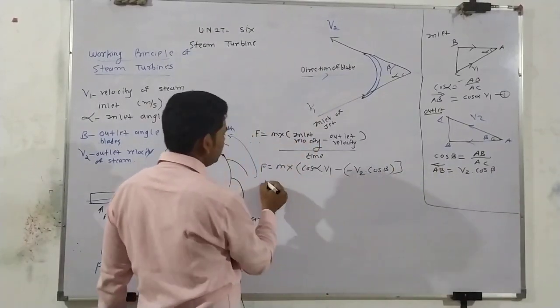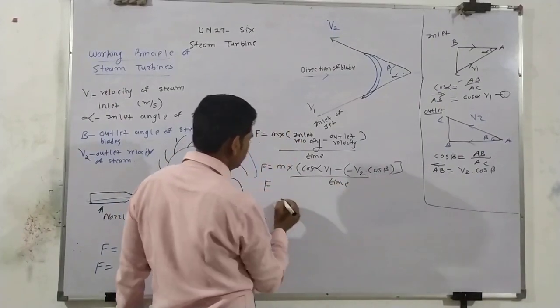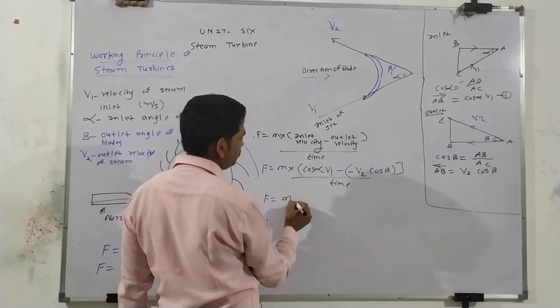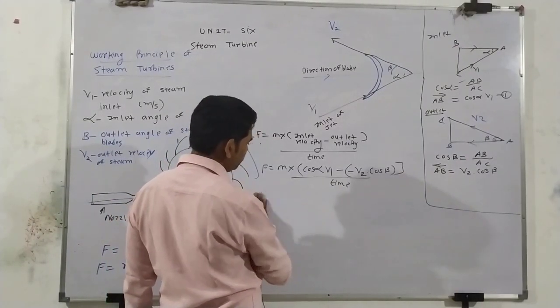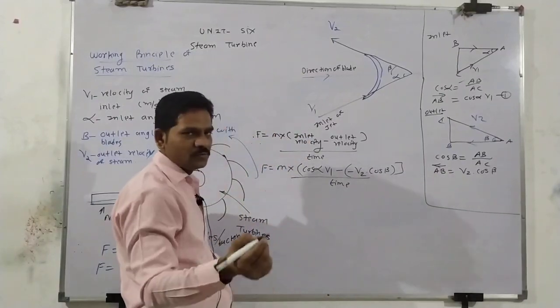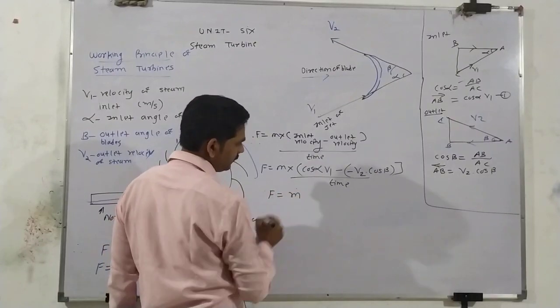So what is remaining? F is equal to m upon time. Time means mass per second, and mass per second is nothing but the mass flow rate, so there is an m dot.